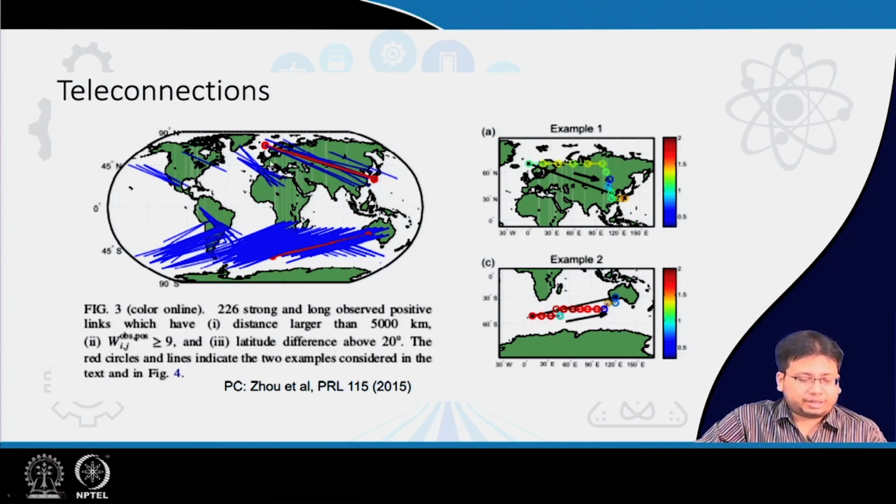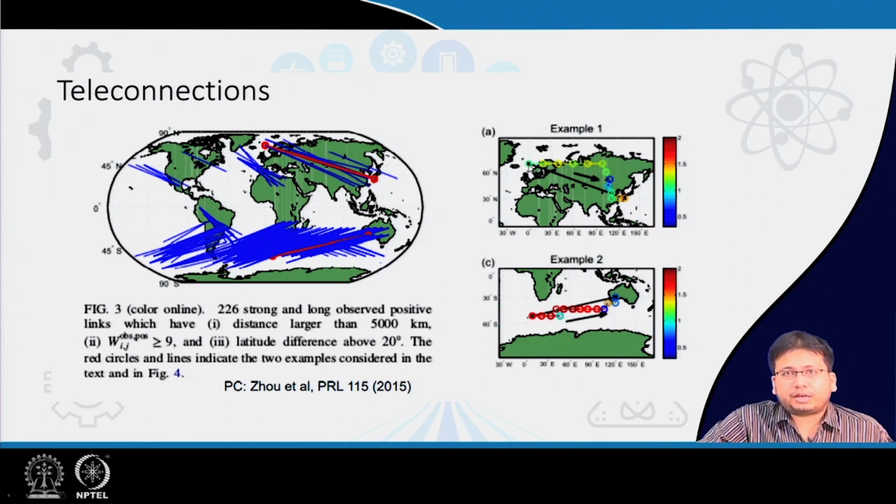So this is a paper which appeared in 2015. These edges which you are seeing here are basically the teleconnection edges. As you can see, these are all long edges connecting locations at far off places, and the blue and red indicate whether it is a positive relation or a negative relation. On the other hand, here we are looking for the kind of indirect relation that we just talked about.